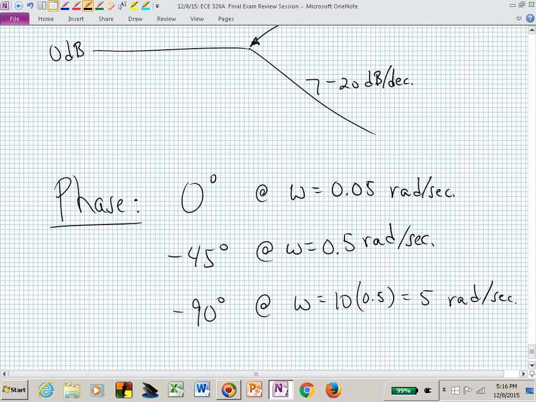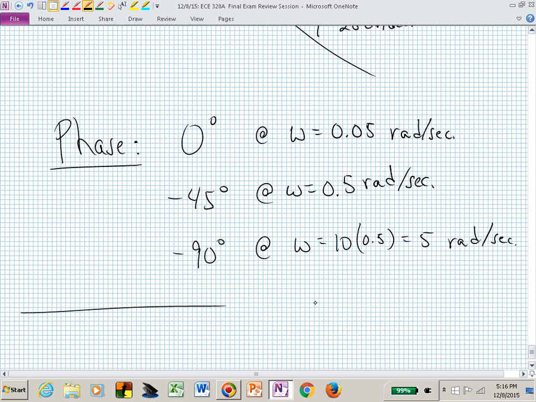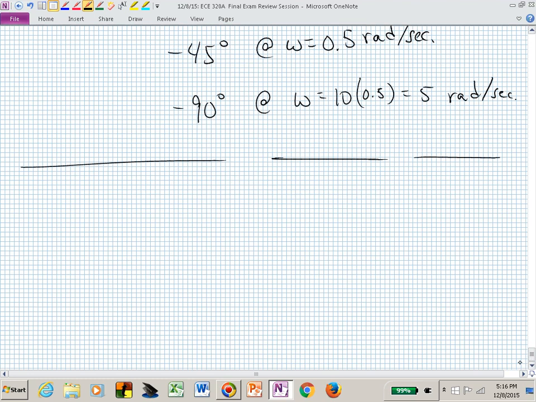And we're sloping at 45 degrees per decade negative between 0.05 and 5. Quadratic factor. Now we said this is what we're approximating.